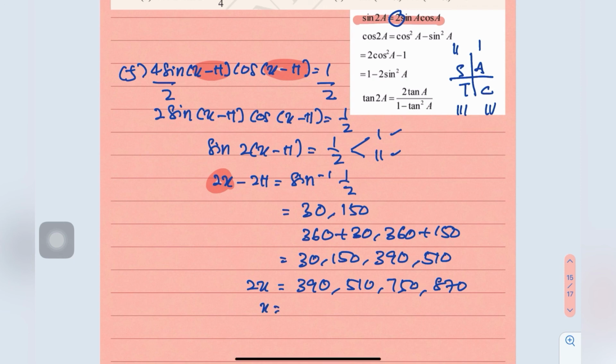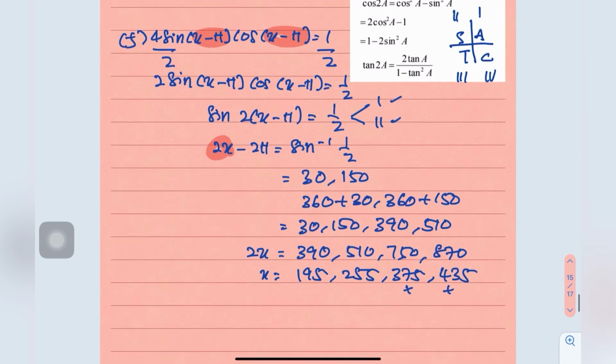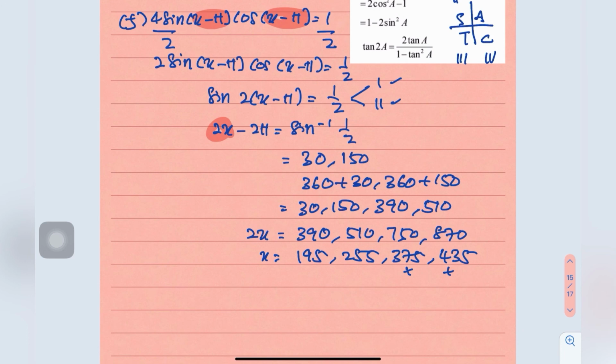So we get x equals 195, 255, 375, and 435. From the question, x is between 0 and 2 pi, so the last two are out of range. Converting into radians, multiply all by pi over 180, so you will get 13 over 12 pi and 17 over 12 pi.